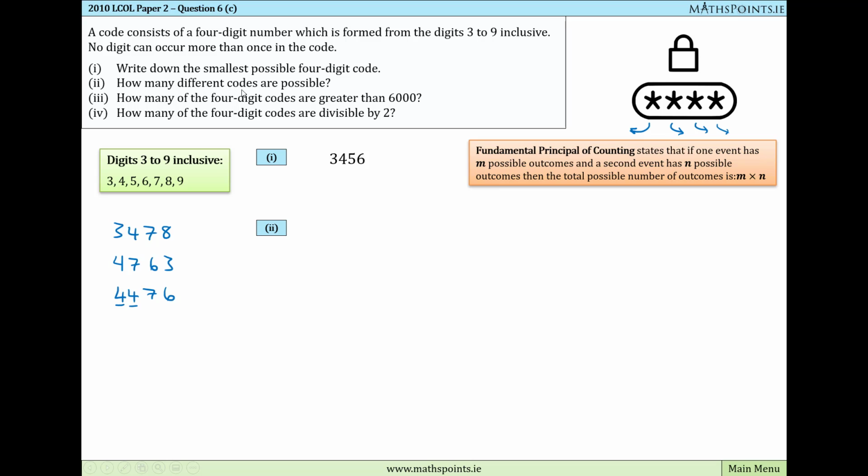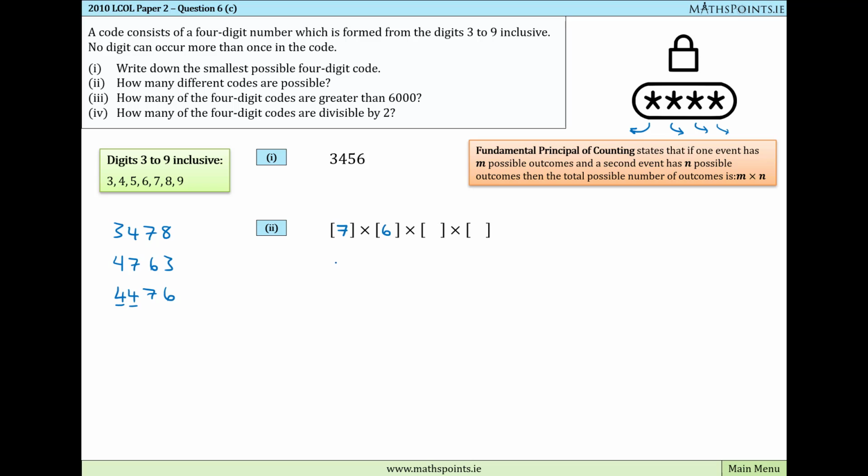So the first question just says how many different codes are possible. So we have 4 boxes here to represent the number of possibilities for each digit. For the first digit, we have the numbers 3, 4, 5, 6, 7, 8, and 9. That's 7 numbers, so there's 7 possibilities for the first digit. If we've used one of those numbers, we're not allowed to use that number again, and so there's only 6 possibilities for the second digit.